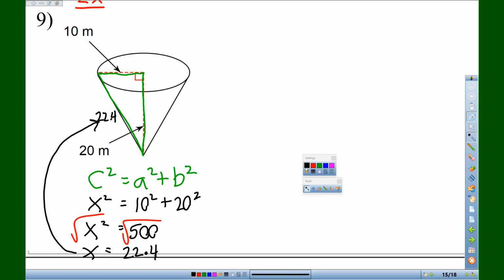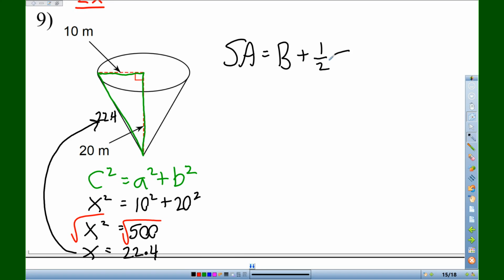That's, I think, the hard part. From here, we can plug in our values. So surface area equals area of the base plus 1/2 of circumference times slant height. I'm going to plug in the formulas and the numbers because I'm getting pretty good at this, and so are you. Area of the base, it's a circle.